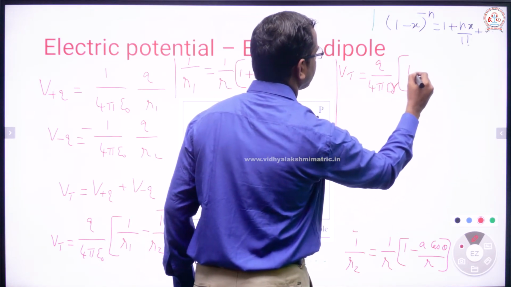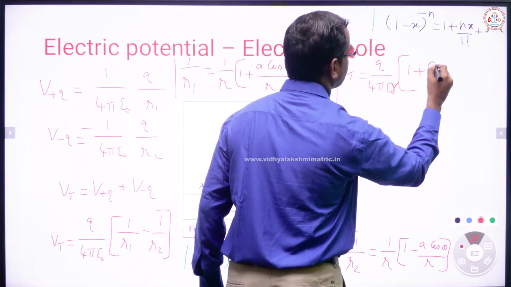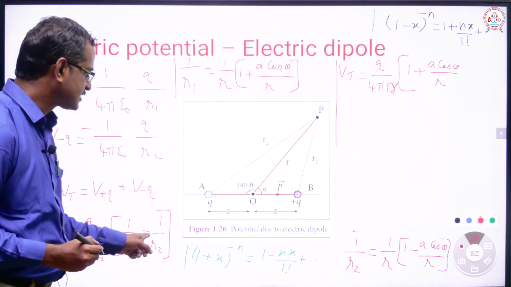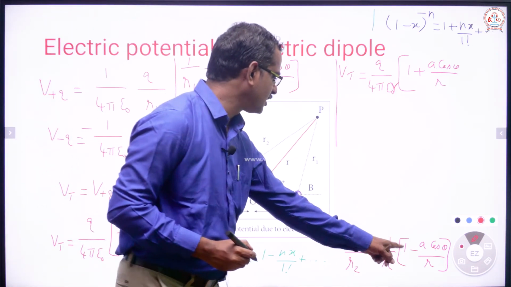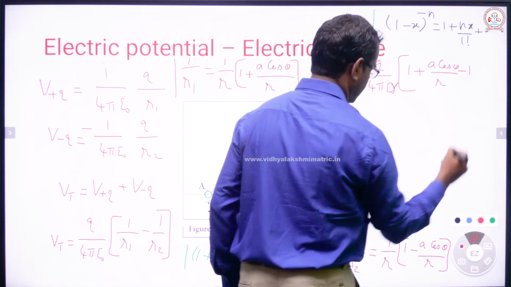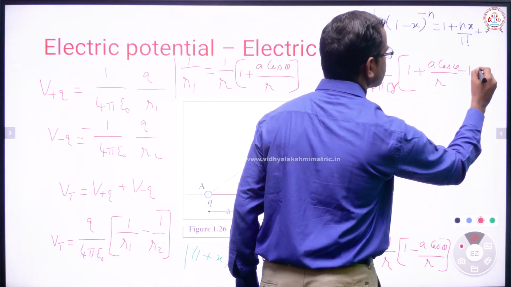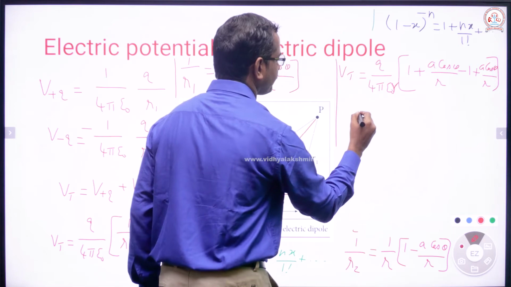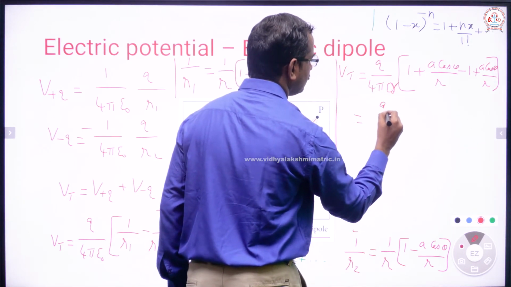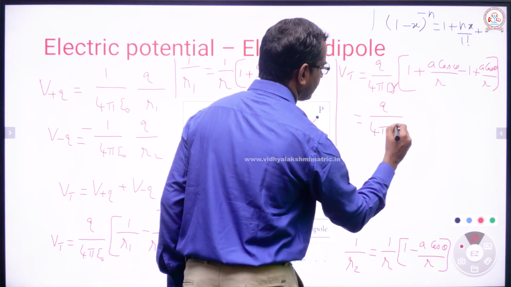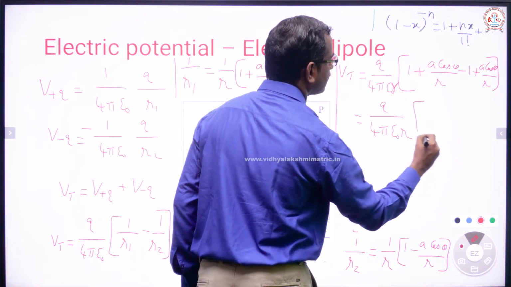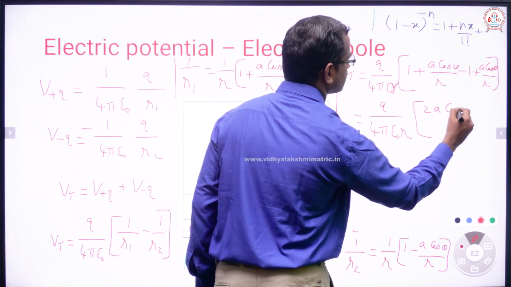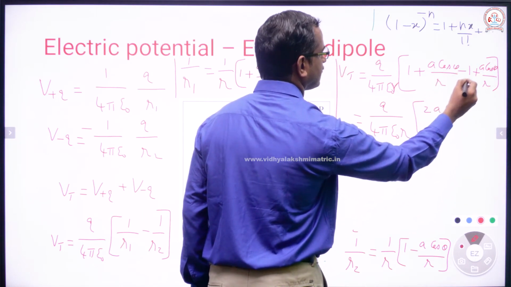Then we have 1 plus a cos theta divided by r, minus, here we have minus 1 minus a cos theta divided by r; minus of minus becomes plus a cos theta divided by r. This is equal to q divided by 4 pi epsilon naught r, and we have 2a cos theta by r, a cos theta plus a cos theta.